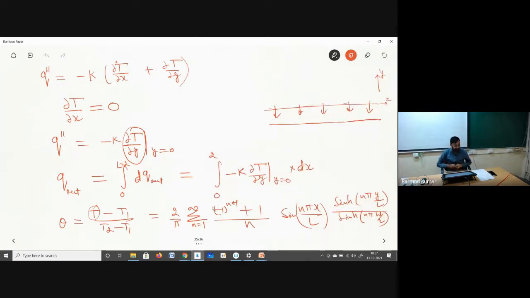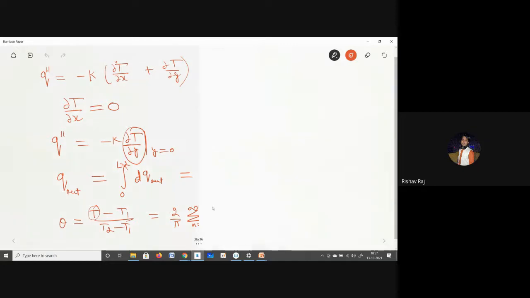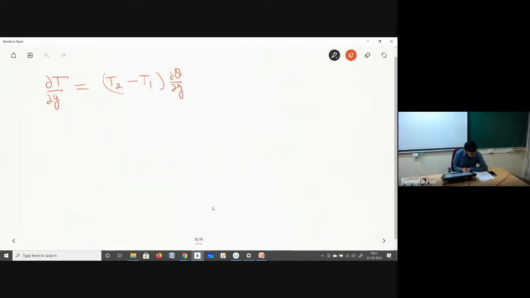Can I write del T by del Y equal to T2 minus T1 into del theta by del Y? Yes, sir. Okay. So let me now calculate del T by del Y at y equal to 0, which will be equal to T2 minus T1 into del theta by del Y at y equal to 0.